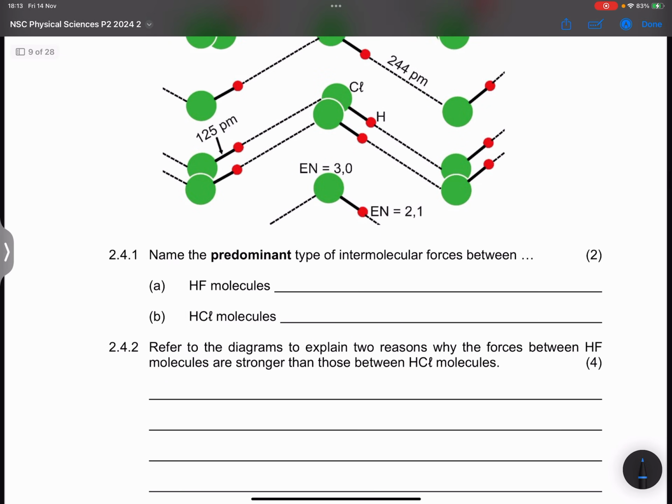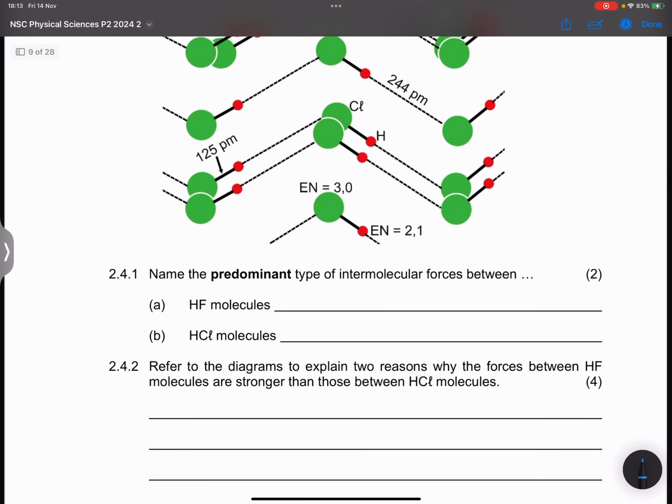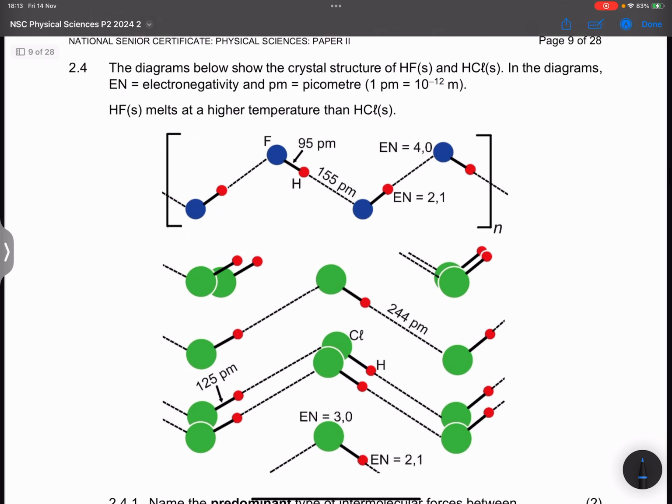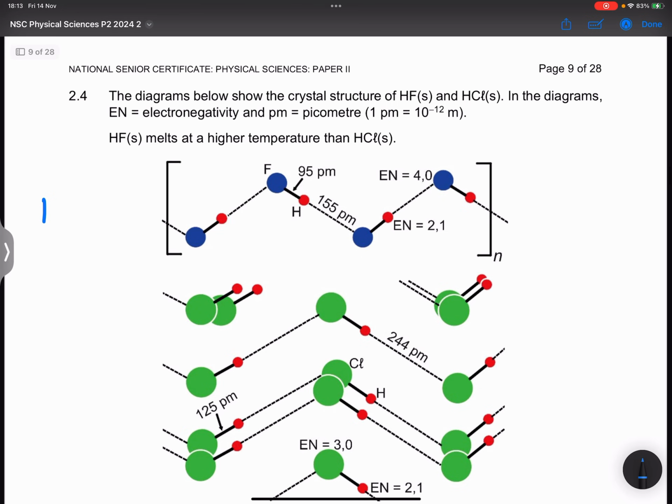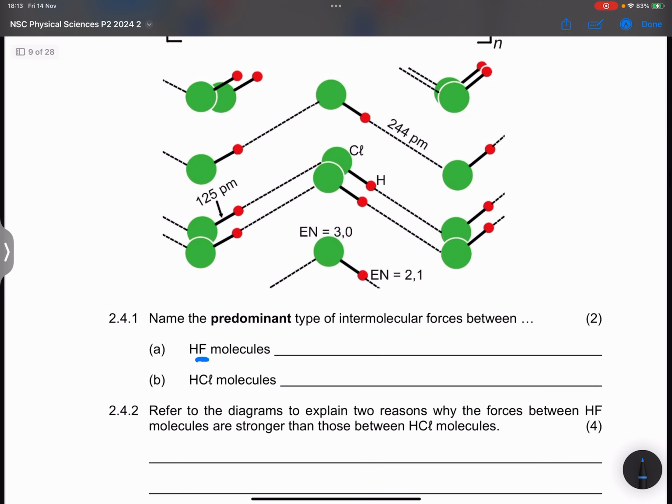So they say name the predominant type of intermolecular forces between hydrogen fluoride. Now I want you to note, anytime we've got hydrogen with any of N, O, or F, we call it the NOF group, we know we are always going to have a hydrogen bond. So this would give us hydrogen bonding.